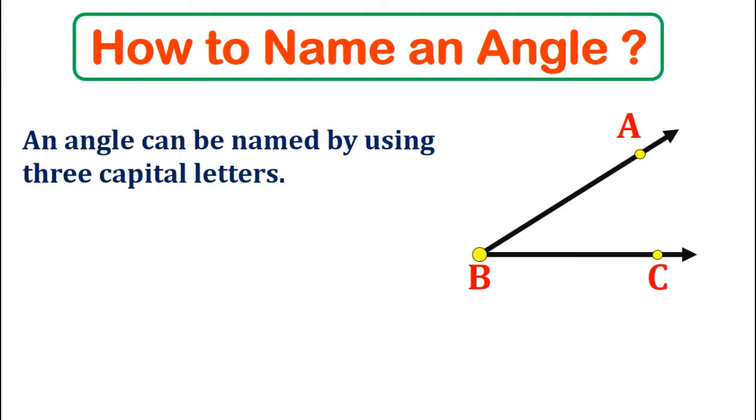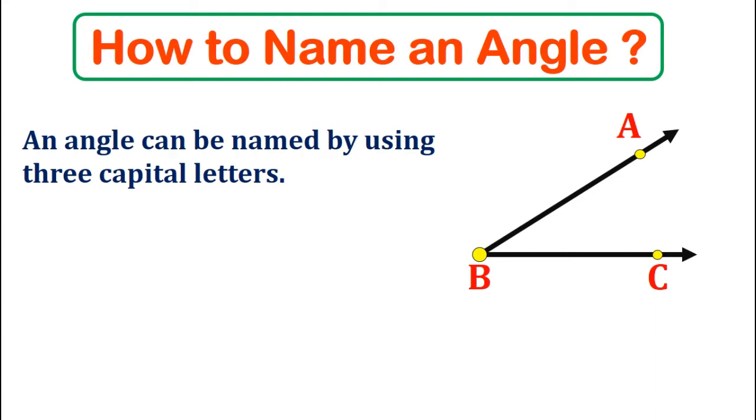Let us now learn how to name an angle. Always remember, an angle can be named by using three capital letters. Let us now look at the beside figure, where the two arms or sides of the angle are AB and BC.